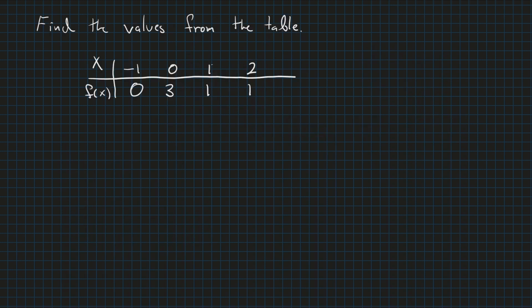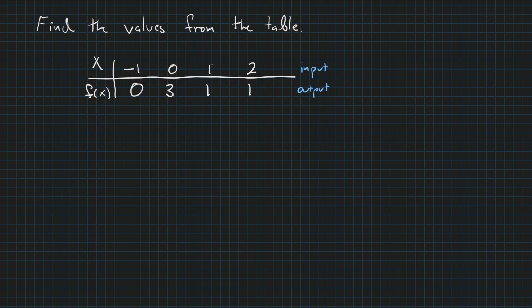A very common problem is to find the values from the table of a function. For instance, this is a table designating a function. You can tell it's a function because for each input you have one output. It is completely okay that outputs are repeated, but you only need to have one output per input. To know it's not a function in a table, you would see a repeated x value with a different output value associated to it.